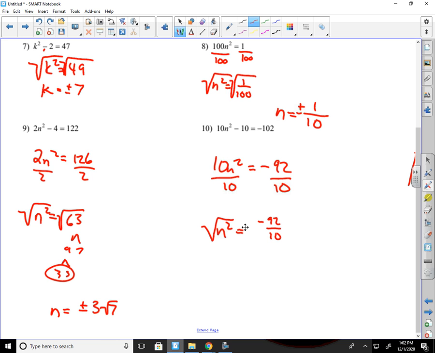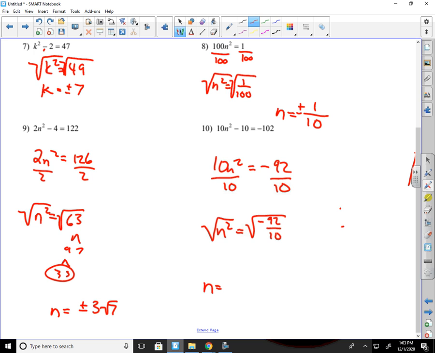Take the square root of both sides. Now I take the square root of the top and the square root of the bottom. 92 breaks down to 46 and 2. Would that be 46 and 2?